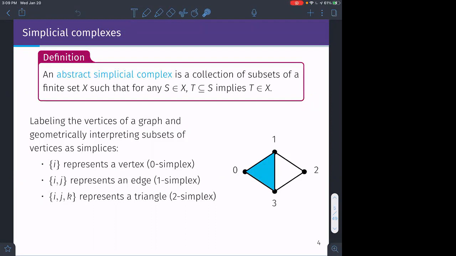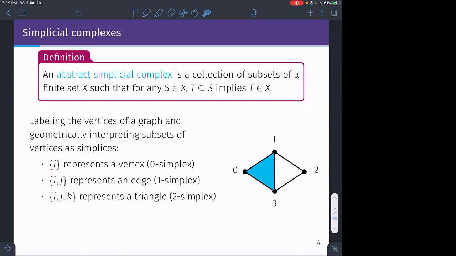And like I said, these subsets can be given some kind of geometric meaning, so I can interpret every singleton like it's a single vertex. I can interpret pairs like it's an edge, triples like it's a triangle, and so on. So I always have one more element than the dimension of the simplex I'm in. And this lines up with the previous example.